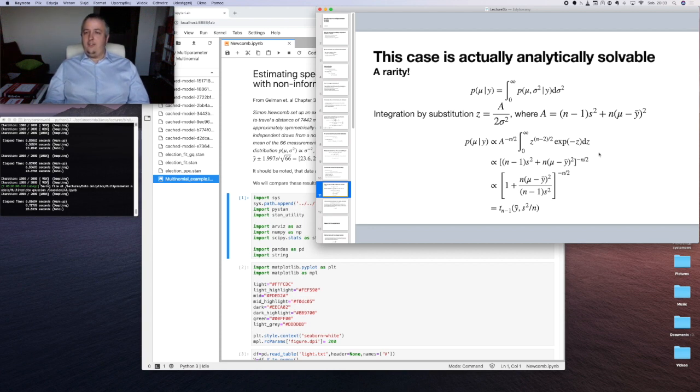We can get a relatively simple integration of z to a certain power times an exponent, which after certain computation leads us to the fact that this part is independent of mu, because mu can be removed out of our equation here.